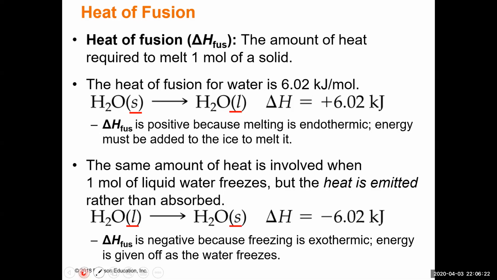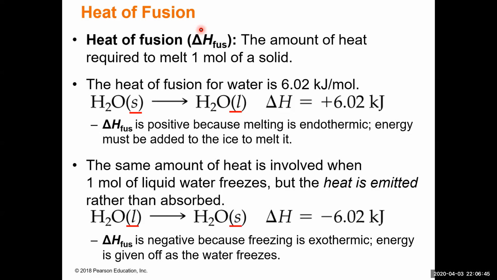So we represent the amount of heat that's required to melt 1 mole of a solid as the heat of fusion, which is shown here. If we look at water specifically, the heat of fusion for water is 6.02 kilojoules per mole.